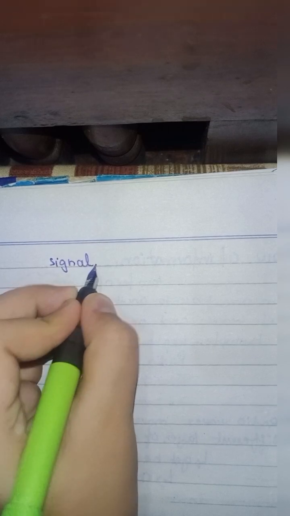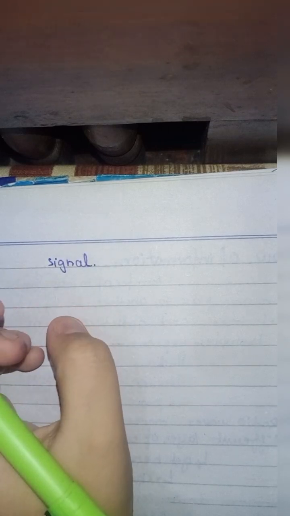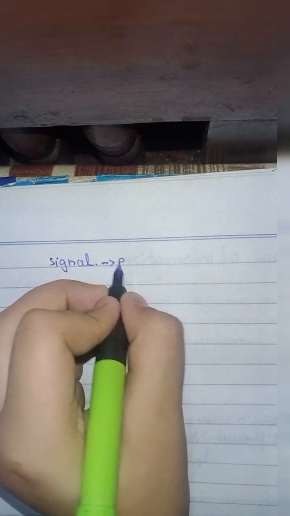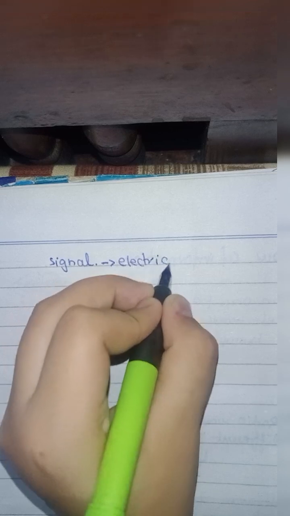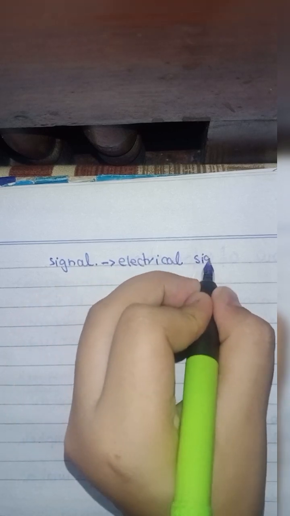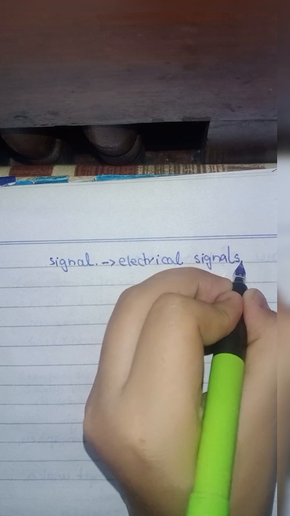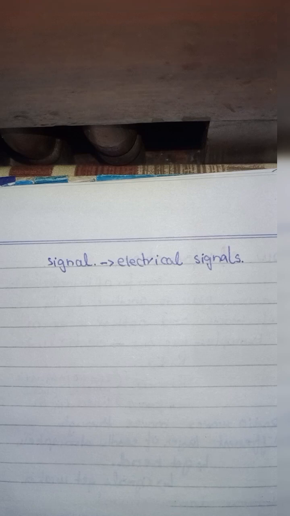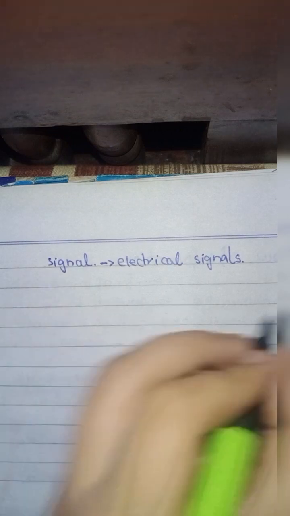Here you can see, first the signals are produced with the lips. These signals are converted into electrical signals with the help of a transducer. After that we have the transmitter, also known as the antenna, through which the electromagnetic waves go further.